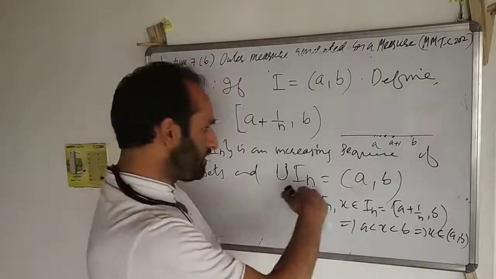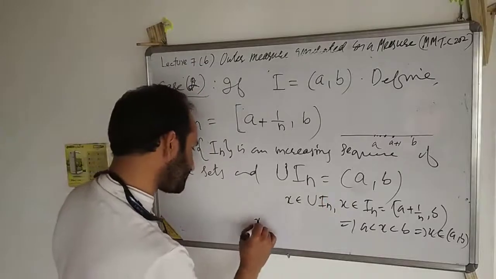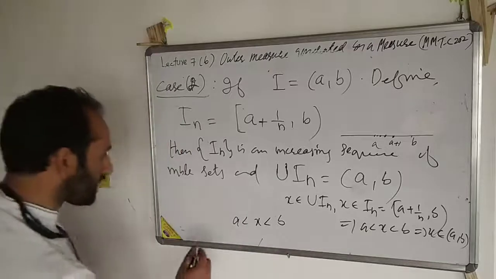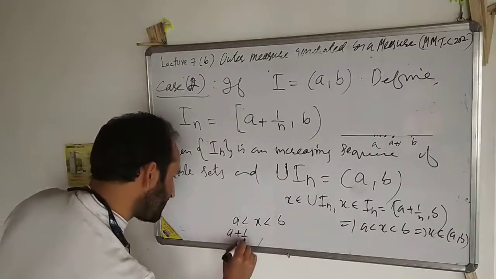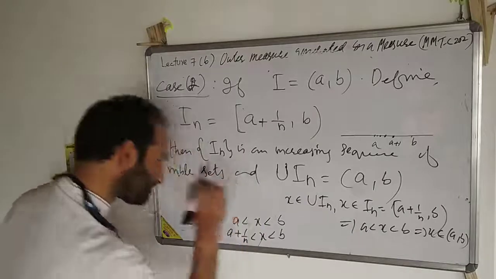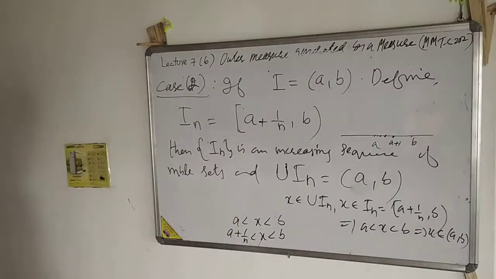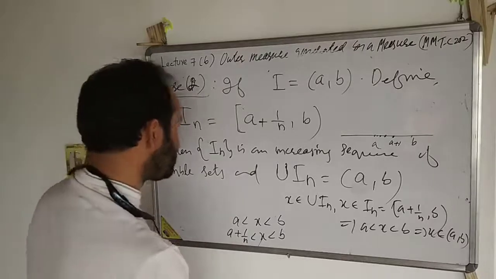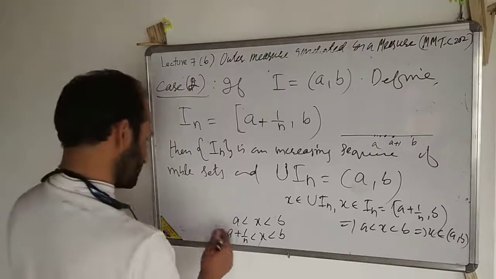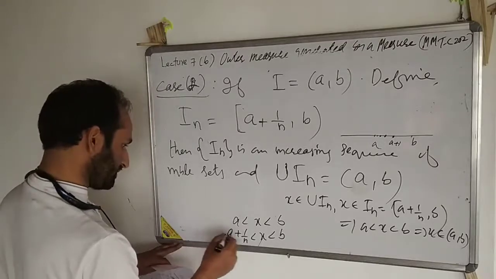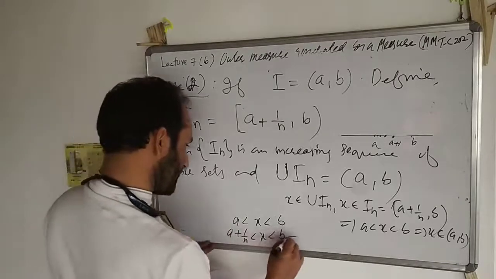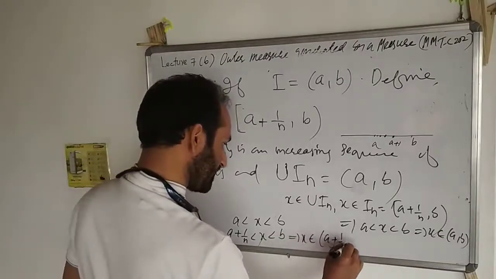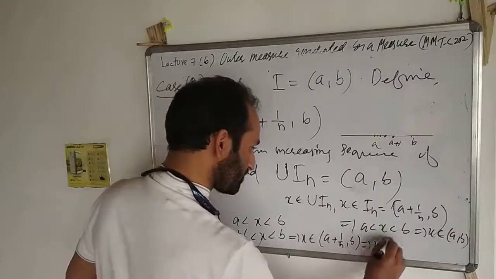And the other way, if x lies between a and b, then I can choose n so large that a + 1/n is less than x less than b. This means that x belongs to (a + 1/n, b], the semi-closed interval.